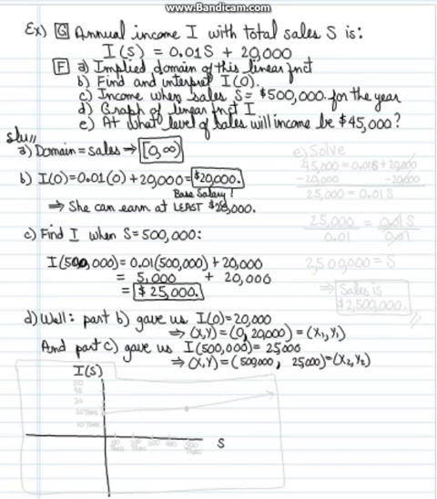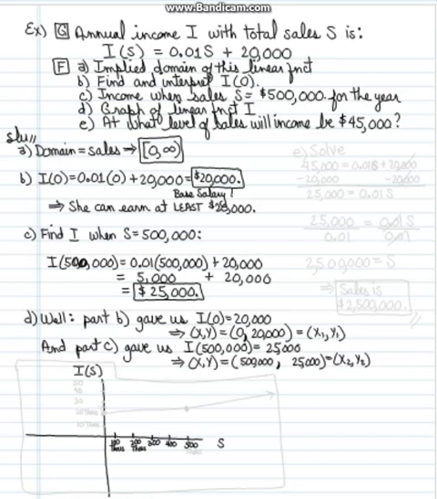So we have from 0 to 500,000. So let's do this in increments of 100,000. So this is 100,000, and then 200,000, 300,000, 400,000, 500,000. Remember, these are thousands.